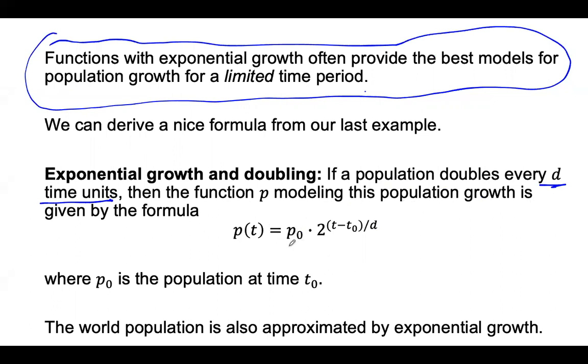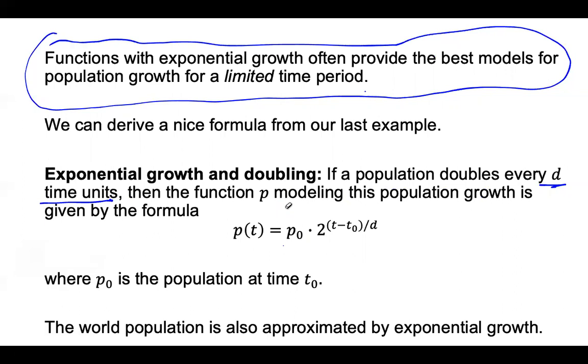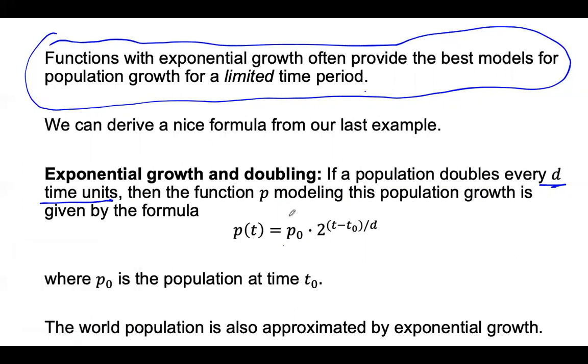So previously, this was their initial population, our P naught, which was 700. Let me use a different color. So this was 700, our initial. D was our time units.